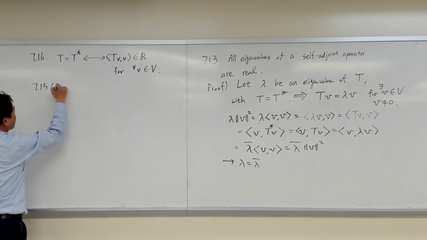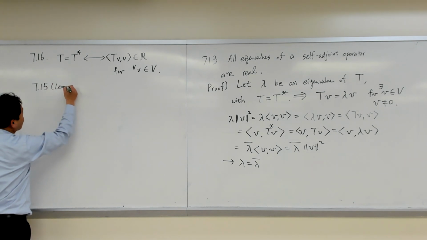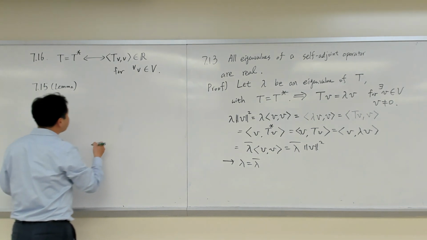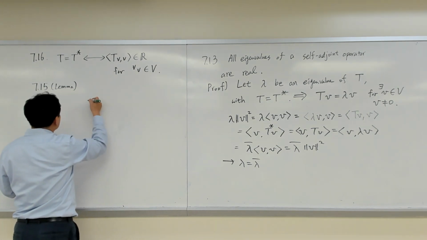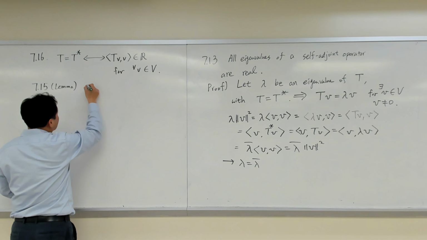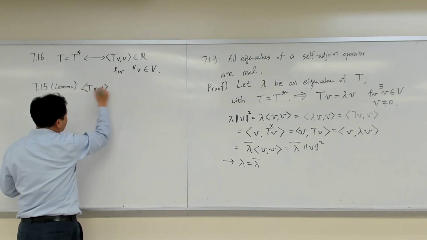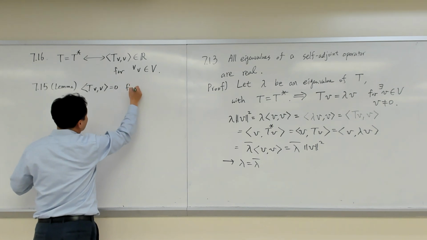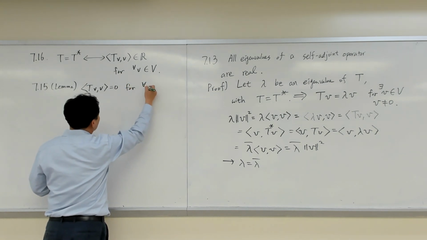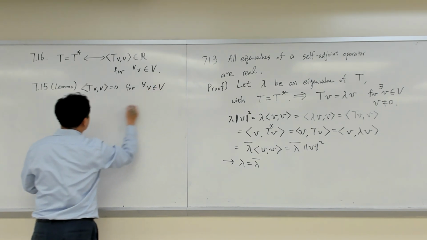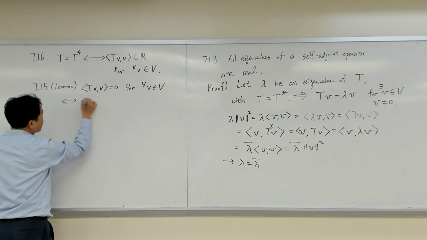It will be a lemma for this, 7.16, which says that <Tv, v> equal to 0 for all v in V is the same thing as saying that T is 0.